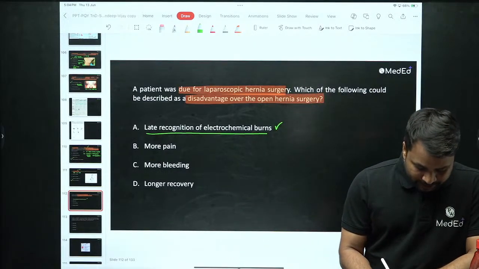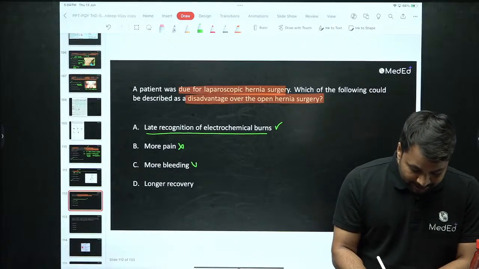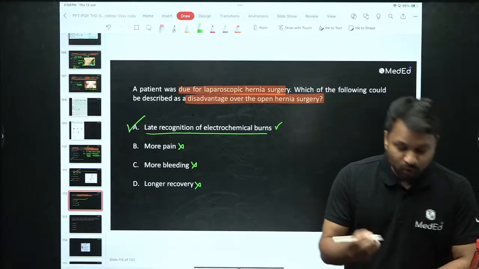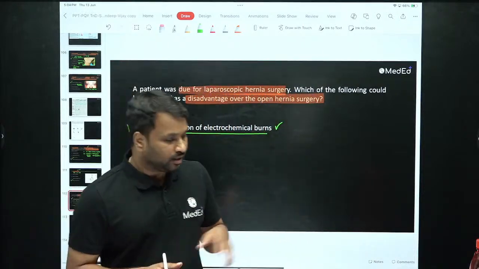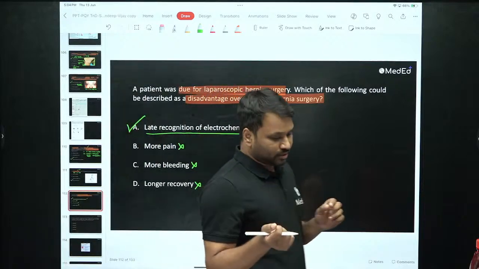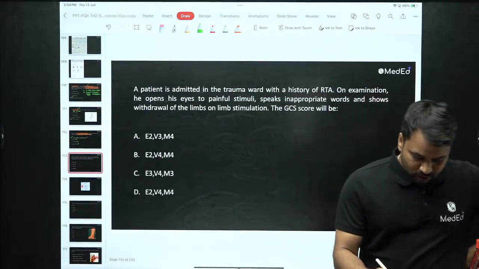Now, more pain is wrong. Remember, laparoscopic hernias are associated with lesser pain, lesser bleeding, and early recovery. So all these three are wrong. The only problem that you will face in a laparoscopic hernia is late recognition of your cautery burns or the electrochemical burns.